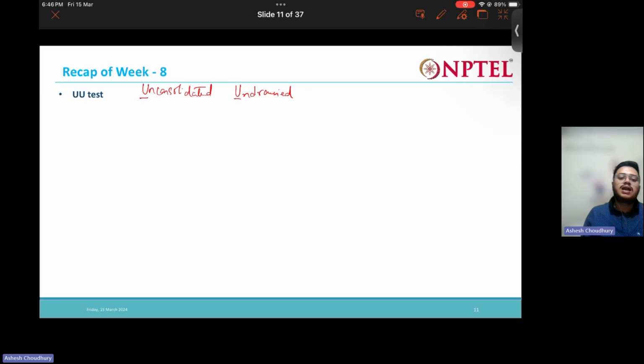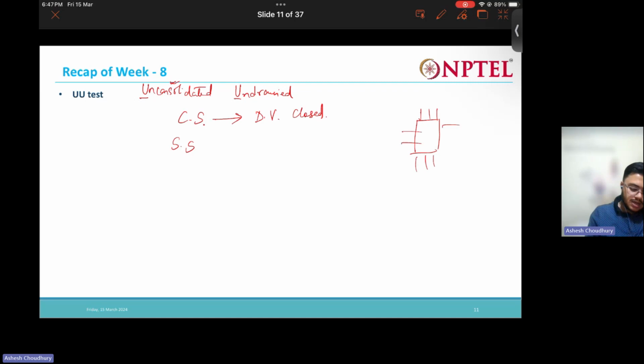The first stage is the unconsolidated. So in the UU test, stage 1 is the consolidation stage and the second is the shearing stage. In the consolidation stage, as we want unconsolidated, we will have the drainage valve closed. So we have the soil sample, and we apply the confining pressure all around, but here we don't allow drainage.